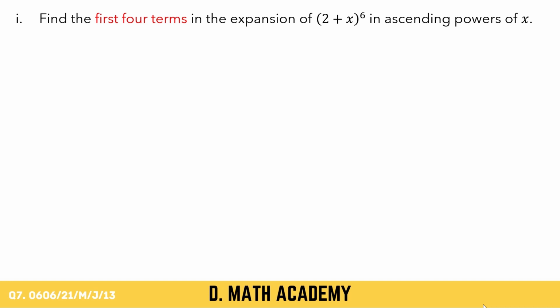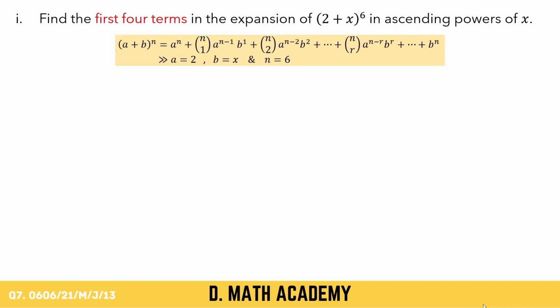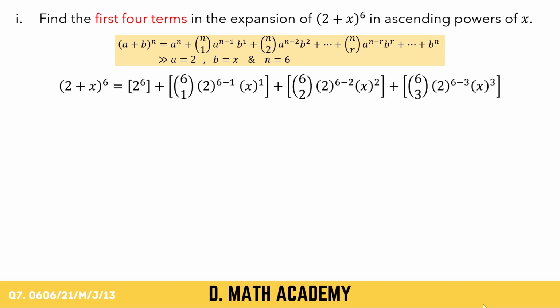So let's get back to the question. Our a now will be 2, our b is treated as x, and our n is 6. This orange column here, you don't have to list it down, it's just for your own illustration. So let's break down the formula, then I should get the following results.